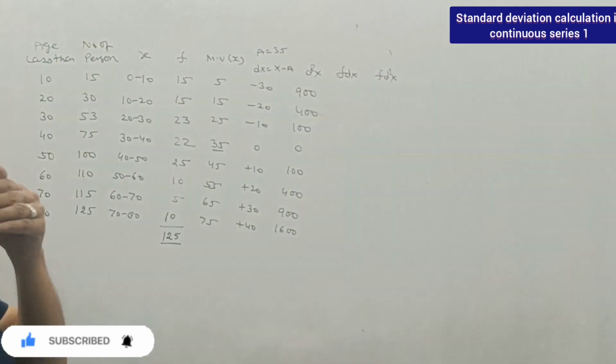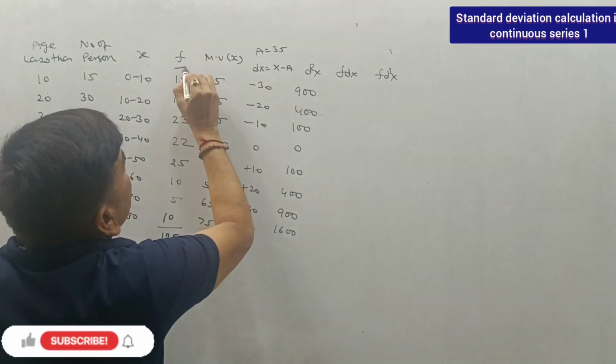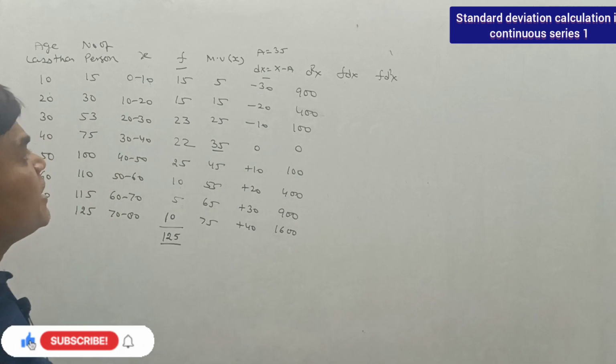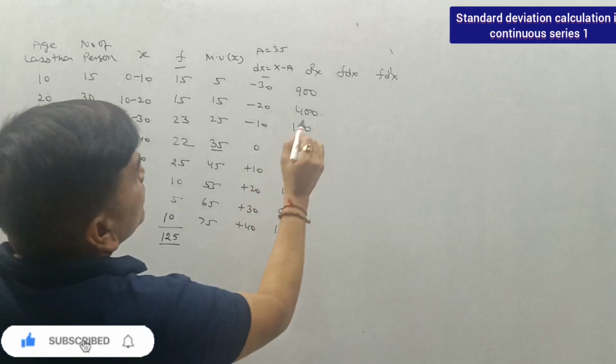So the very first f dx means f times dx: 15 times minus 30 is minus 450.